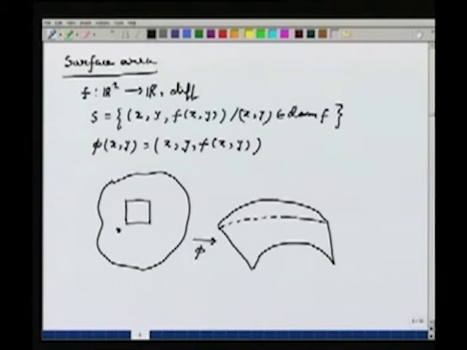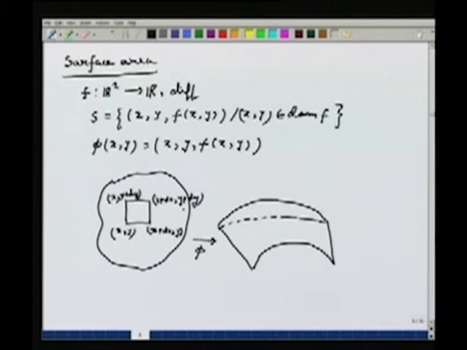Say this is (x, y), that is one edge of the rectangle. Then this one has an infinitesimal increment in the x direction, so I write this (x plus dx, y), and then this one at the top is (x, y plus dy), and the last one is (x plus dx, y plus dy).